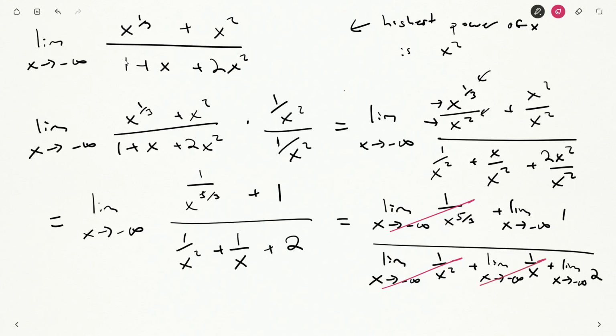Now, people who are really studious will take me to task on this. If the limit is as x goes to infinity, sure, everything goes to 0. But the rule did say it's a little tricky if x is going to negative infinity, because we want to make sure that this isn't a does not exist sort of thing.